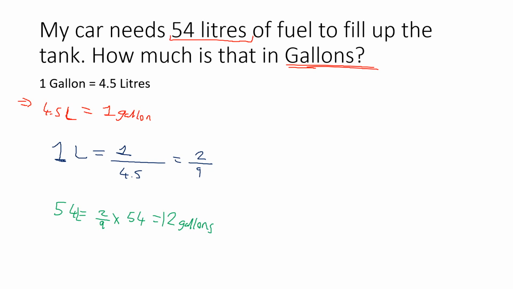Do you understand? So we went from this ratio and we just said that 1 litre is equal to 2 over 9 gallons. And then we use that to our advantage here.